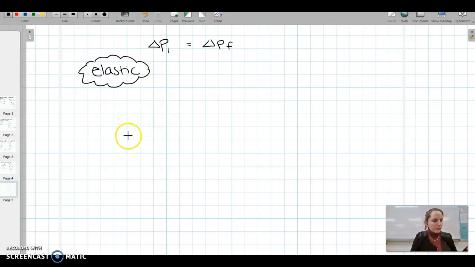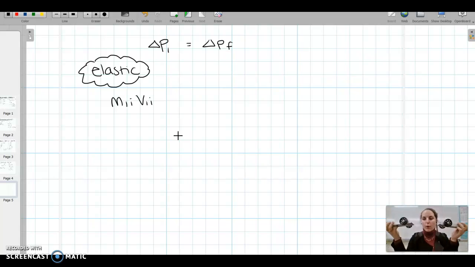All right, so again, we have cart 1 that has a mass, and it's going to have a velocity. So in order to solve for its momentum, all we have to do is multiply it out. So we can say that cart 1 mass initial times its velocity 1 initial. And it's going to be in the same system as cart 2.